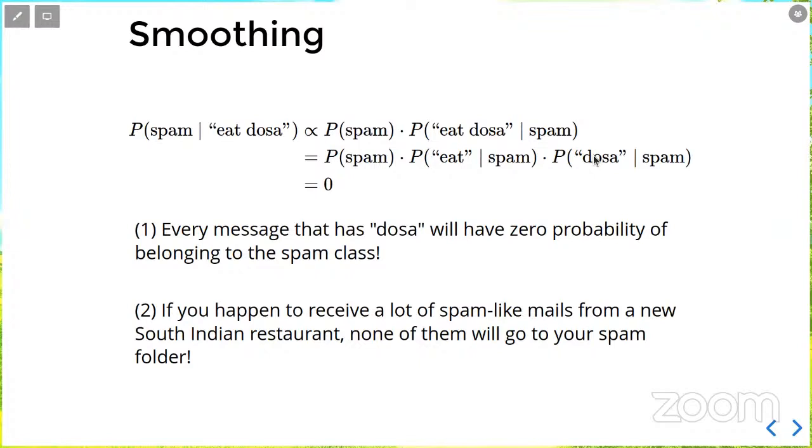And if you adopt the same spam filter for Facebook employees who are in India, let's say some part of South India, then this will fail, because if some new restaurant opens and they are popularizing their dosa varieties, then that will not get classified as spam. So this is a very practical situation that you will encounter. So what do you do in this case?